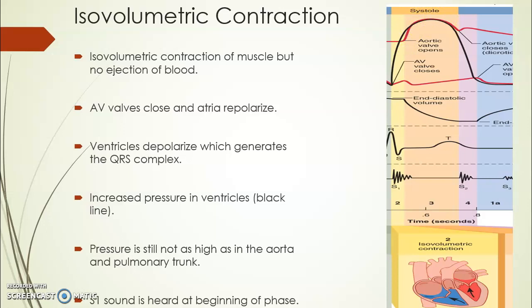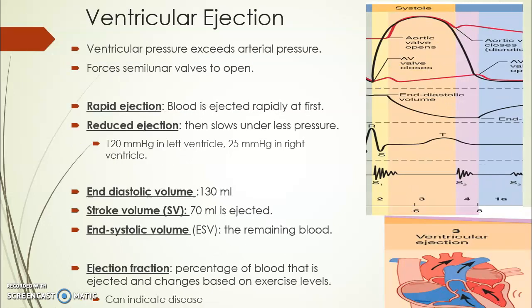Because remember, blood is going to flow from a higher pressure to a lower pressure. So for the blood to flow out of the heart in the left ventricle, it now has to overcome this aortic pressure. So this large gap right here in pressure in the ventricles is going to be very, very important to allow that ventricular ejection to actually occur.